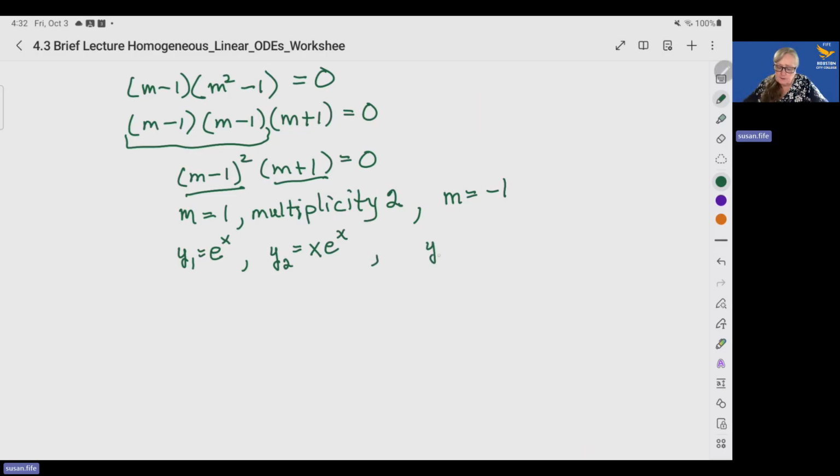And then in this case, my y sub 3 comes from this m equals -1, and that's going to give me e to the -1x, which is just e to the -x.